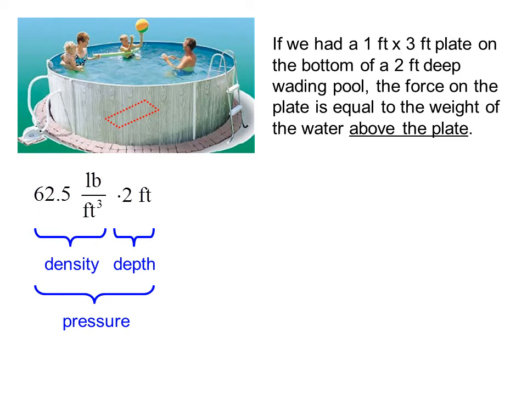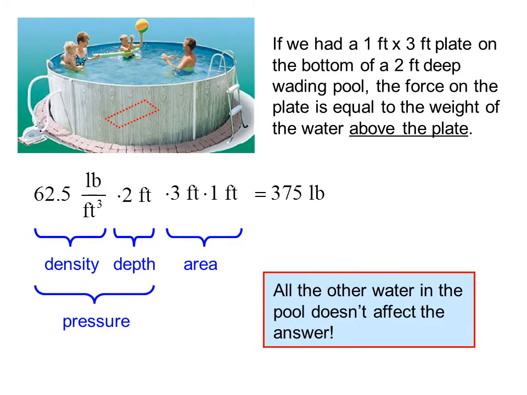Density times depth makes pressure, times the area, which is 3 feet times 1 foot, or 375 pounds. All the other water in the pool doesn't affect the answer. If it did, then your toe would immediately be crushed when you dipped it in the Pacific Ocean.